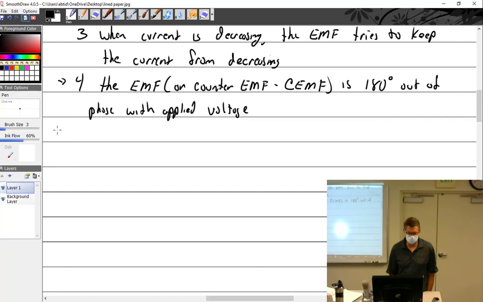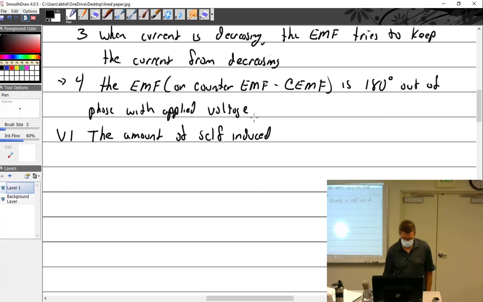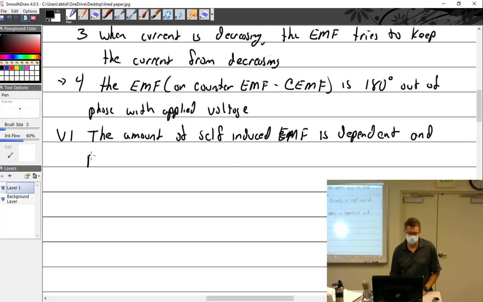All right, let's do VI. The amount of self-induced EMF is dependent and proportional on three things.